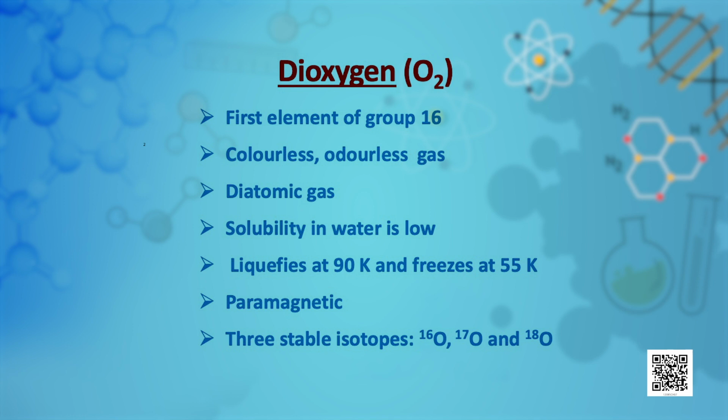Oxygen is unique in being paramagnetic in spite of having an even number of electrons. Oxygen atom has 3 stable isotopes: oxygen-16, oxygen-17 and oxygen-18.